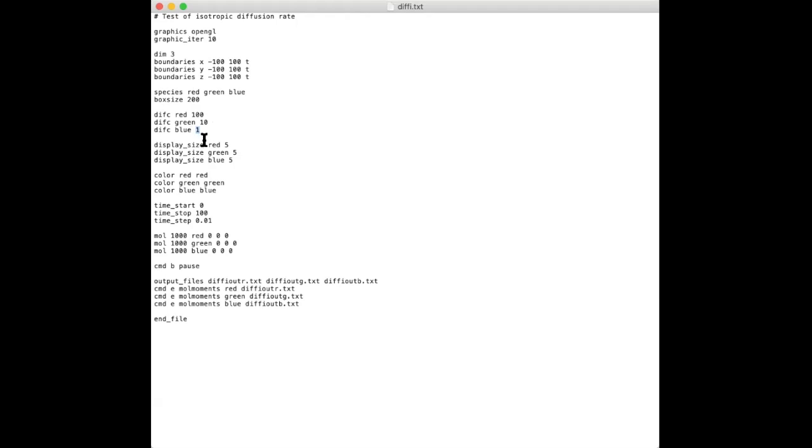So there's every time an order of magnitude difference between the diffusion rates. This is just to say how large the markers are, the colors, of course, start time, how many molecules you have. So we have thousands of each, and they are all in the center of the box, at 0, 0, 0, those are the initial coordinates. Okay, so let's see what that looks like.